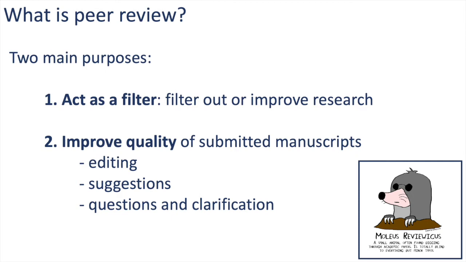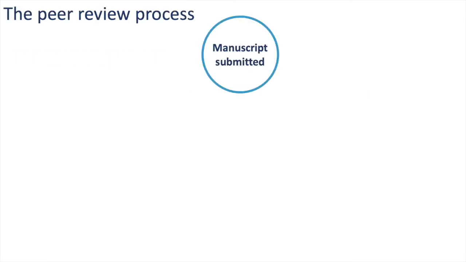So keep this in mind when you're reviewing a paper or when you get comments back on your paper. The idea is to make the manuscript better. And remember, editing is part of the writing process, and in this case, some of the editing is done by someone else.